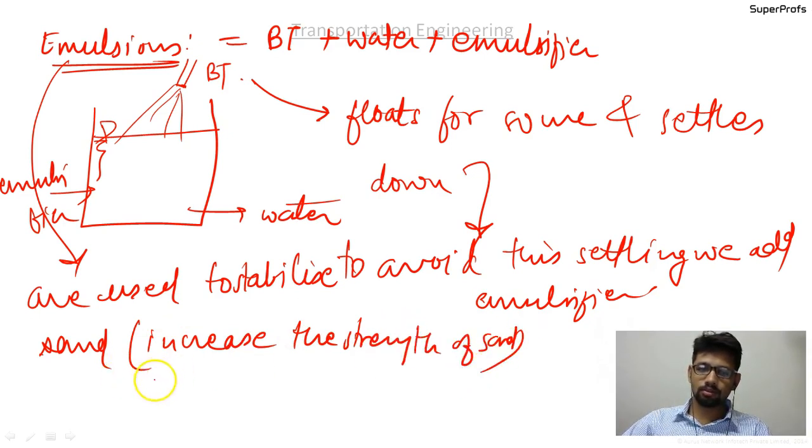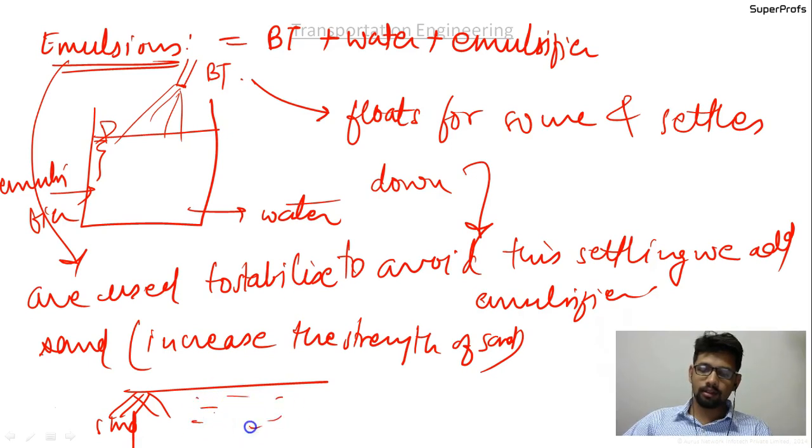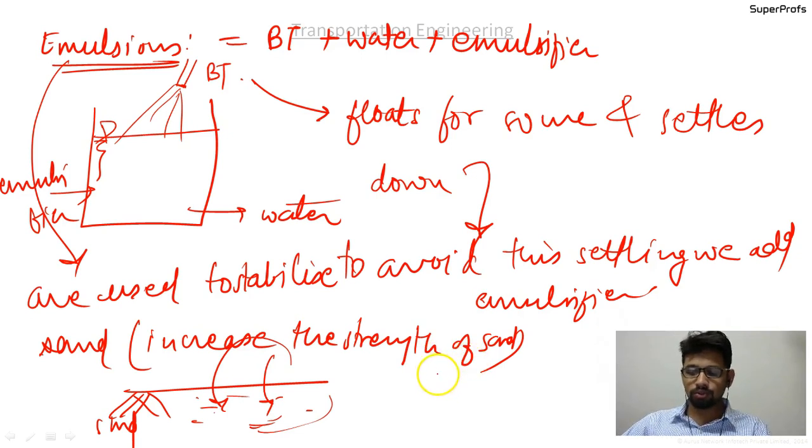So if this is the ground level, this is the sand, and it is simply poured on it. If only bitumen was used without water, then a layer of bitumen would have formed on the soil, and this process of increasing the strength of sand would not have happened. This is a very common practice for road construction in deserts or in seaside roads, wherever there is sand.